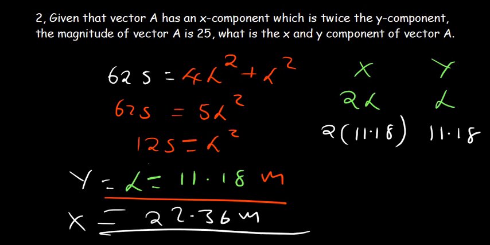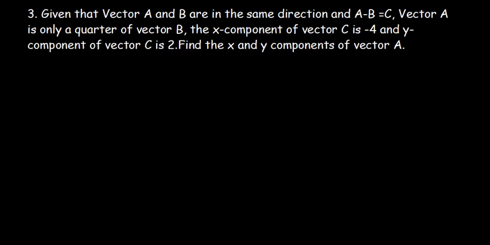Now you would want to prove your solutions by squaring both of them and then finding the square root to see if you get the same solution, which is basically true. So these are your x and y components of your vector.